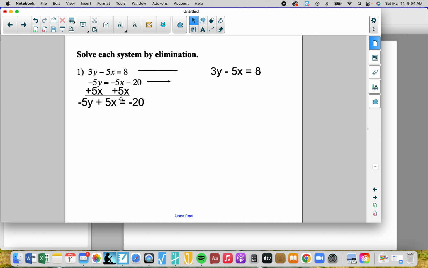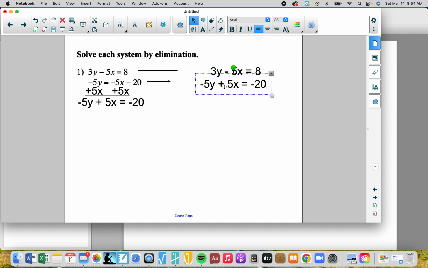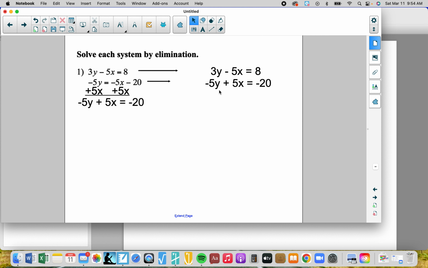Don't drop that 20. So now our setup is identical. So we have our y's, x's, and our constants. And now we're going to add. So 3y negative 5y makes negative 2y.